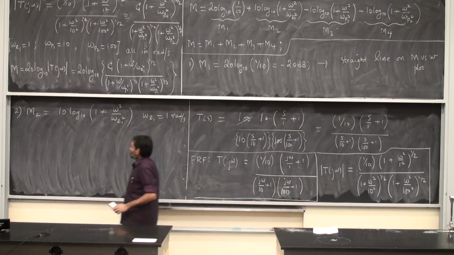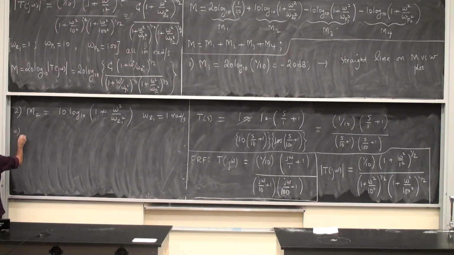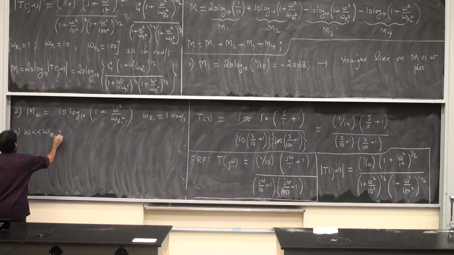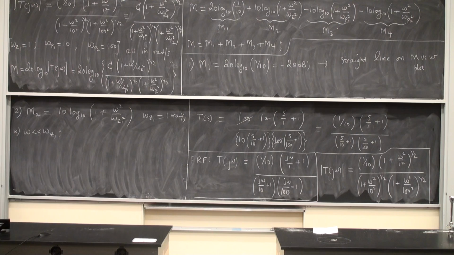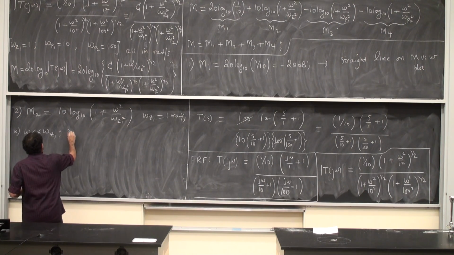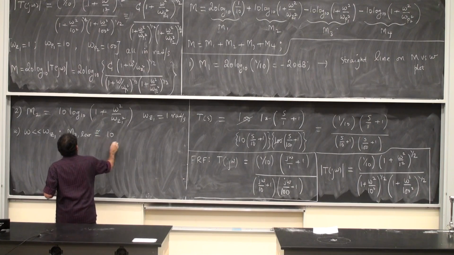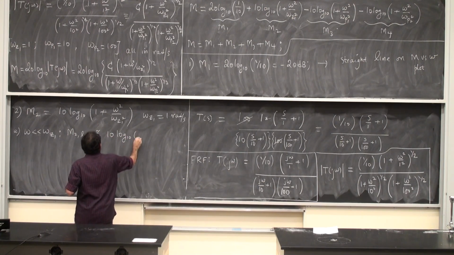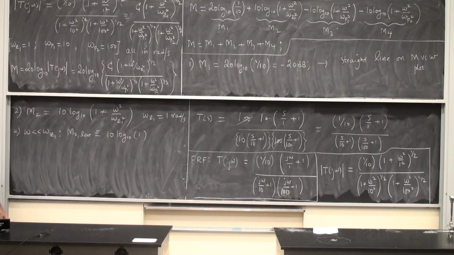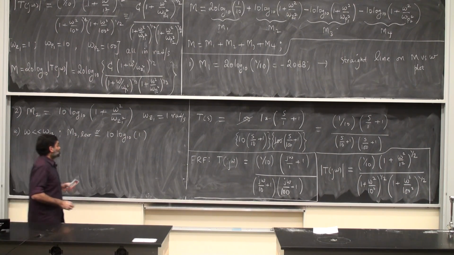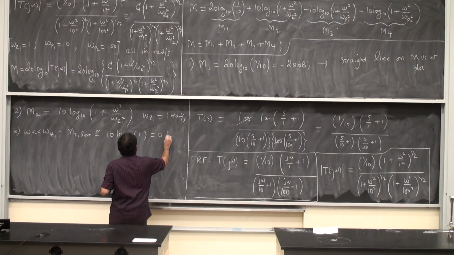Okay, so omega much less than 1, I get M2 low. This is a low frequency asymptote. It is approximately 10 log 10 of 1, because omega square by omega z1 square is a very, very small number. So I can ignore that in terms of 1, and so this is 0 decibels.